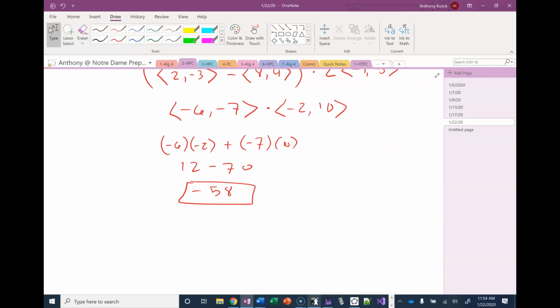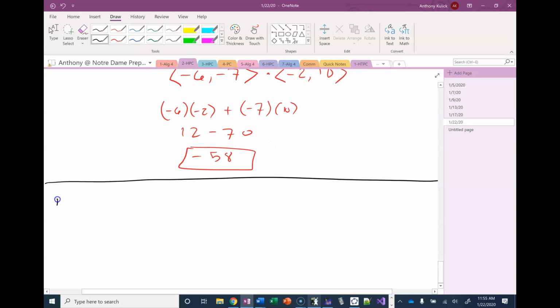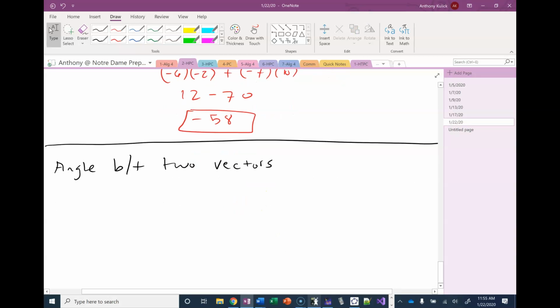Now this dot product is going to be a rather useful calculation because we can do a couple of different things. So let's say we want to calculate the angle between two vectors.